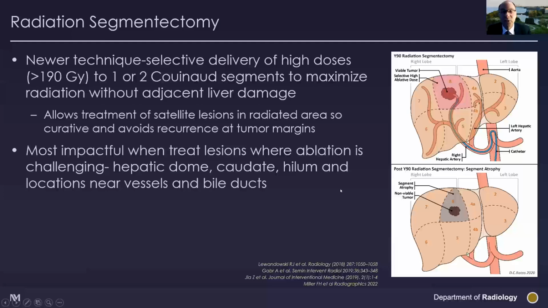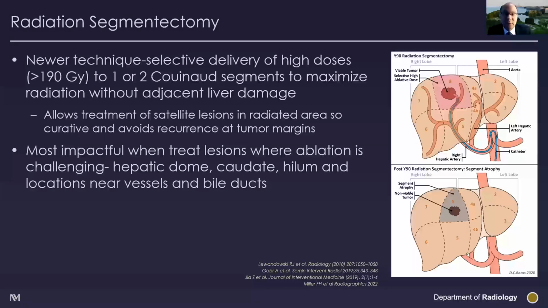This is a newer technique that I want to focus on. This is radiation segmentectomy, which is very exciting. What it does is selective delivery of higher doses, typically over 190 grays, to 1 or 2 Couinaud segments to maximize the radiation without adjacent liver damage. It allows treatment of the satellite lesions in the radiated area, so it's curative and it avoids some of the recurrences that we used to see at the tumor margins and some of the other types of therapies may see.